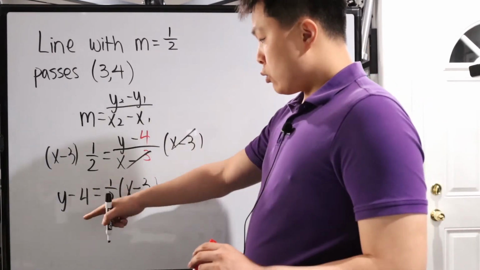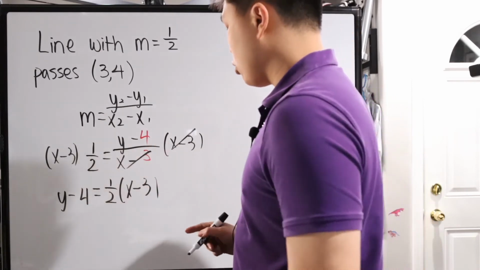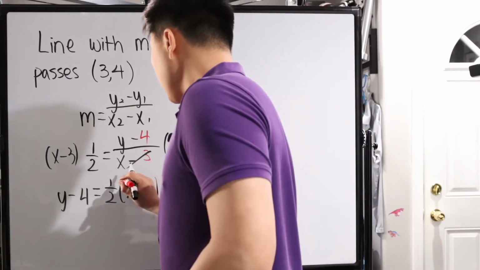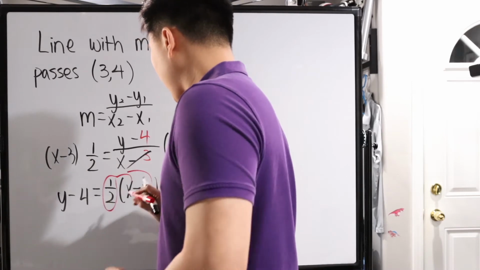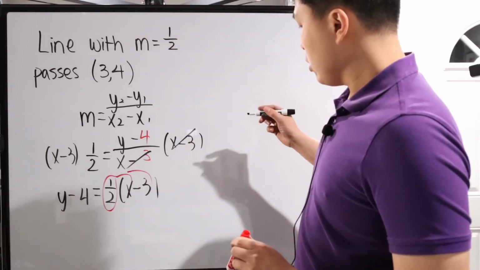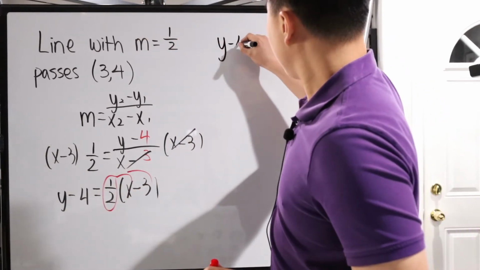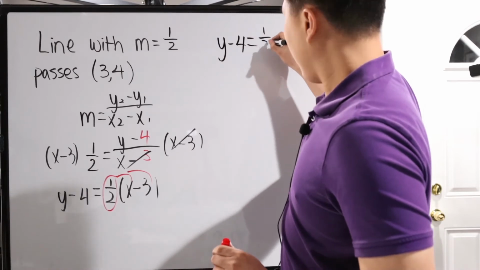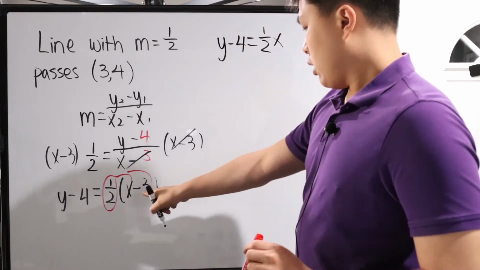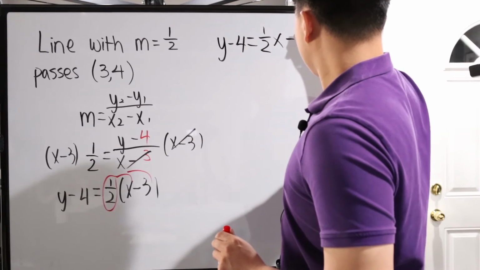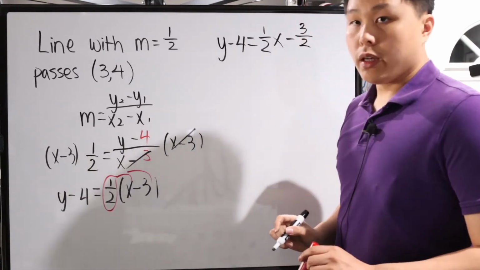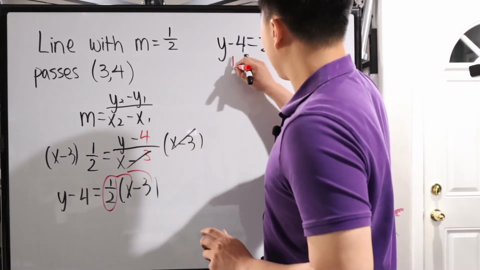And we can continue working on it to get it to slope intercept form. So what we can do is distribute the 1/2 inside the parentheses, and I'm going to write it right here. It's going to be y minus 4 equals 1/2 times x minus 3 times 1/2, which is 3 over 2. Okay, last thing we're going to do is add 4 on both sides.